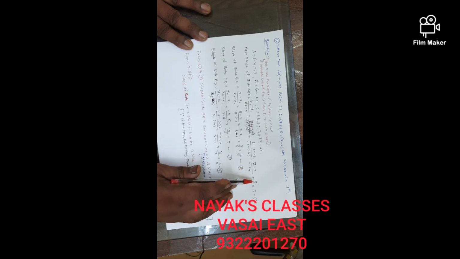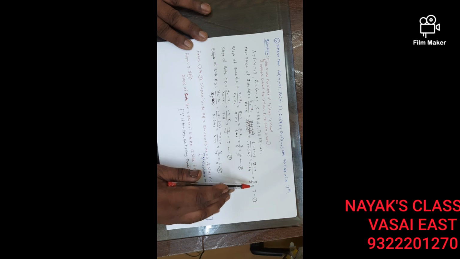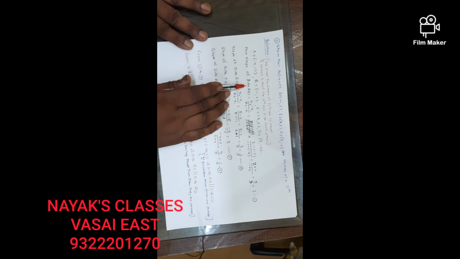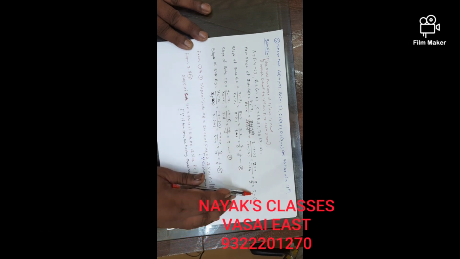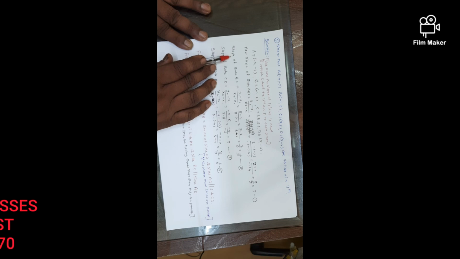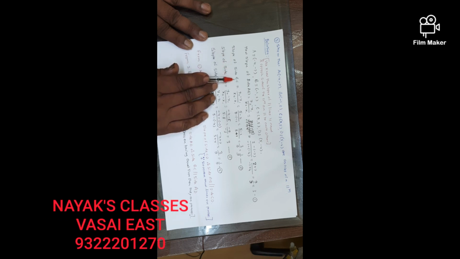And the final answer is 9 upon 3. After cutting, it will be 3. The slope of side AB is 3. Statement number 1.